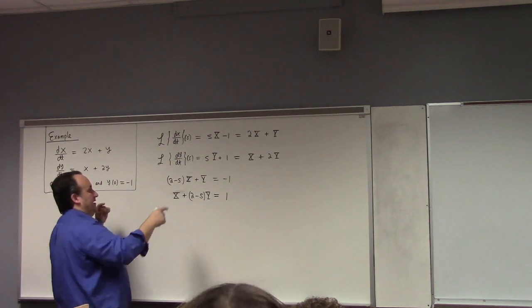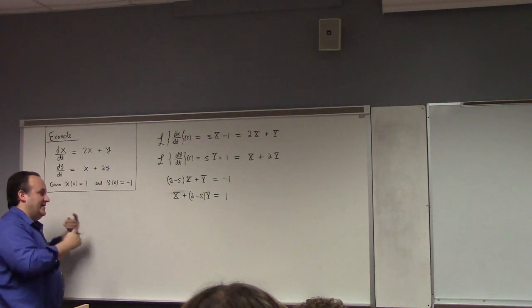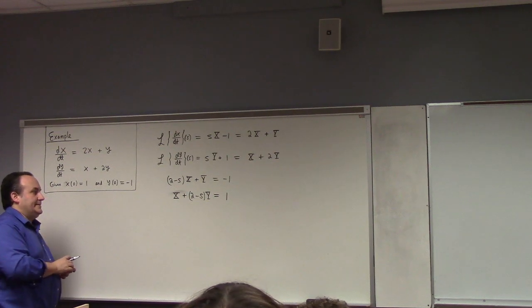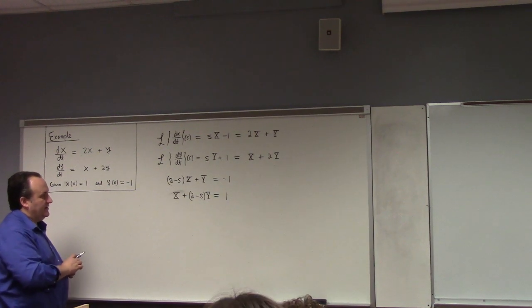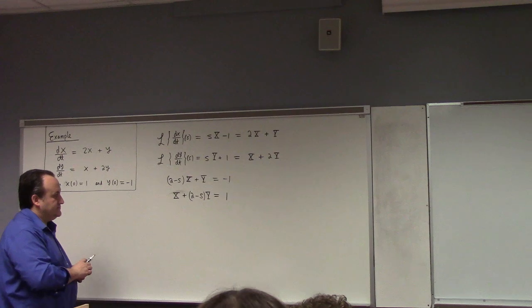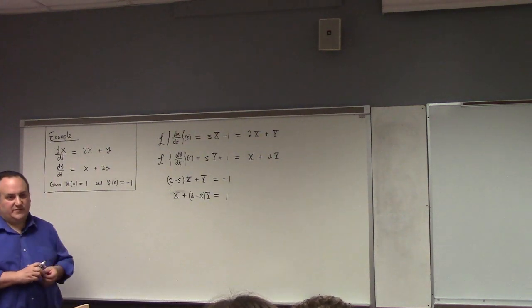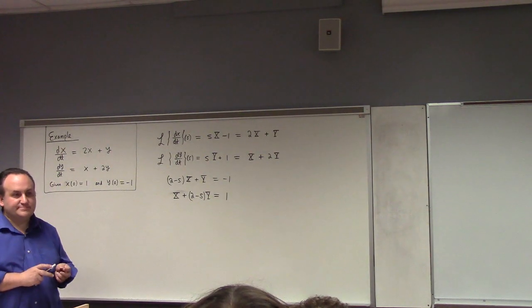I moved all the x's and y's to the right-hand side, and then I flipped it. So if I've got two equations and two unknowns, and it isn't super obvious, how do you guys want to solve this? We could use the matrix technique, we could use substitution. Student's choice, what do you want?